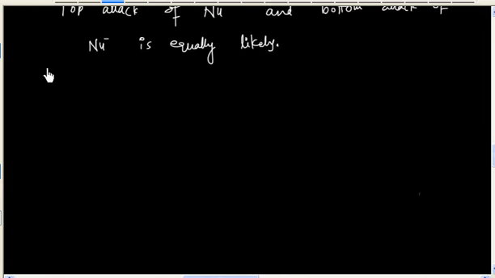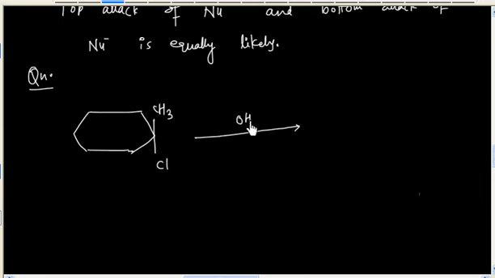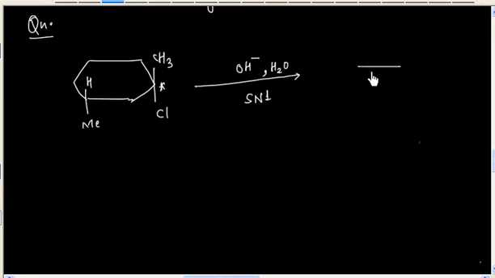Let us say if I have a question here, and now we do SN1 in water solvent, what will be the product? You see this carbon is optically active. Let us put a hydrogen and methyl here also. So this carbon is optically active.